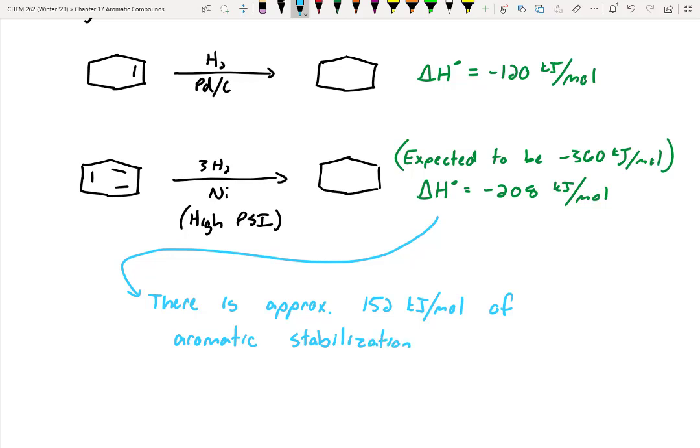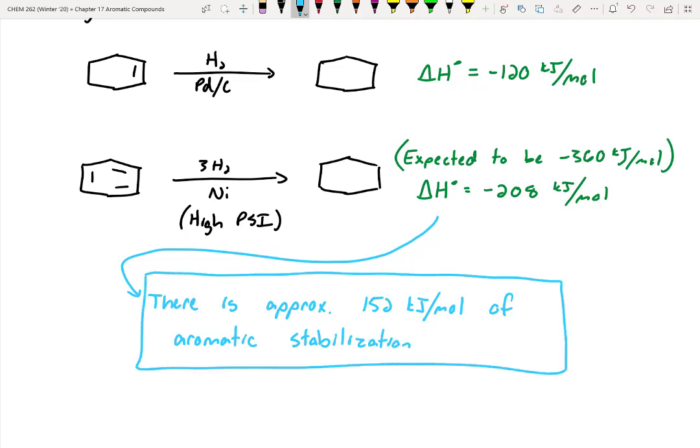It wasn't really well understood how this stabilization played into the orbital theory behind this, but what we'll do is next week when we come back, we'll start looking at why molecular orbital theory explains some of this unusual stabilization energy behind benzene, but that's where we'll kind of stop today.